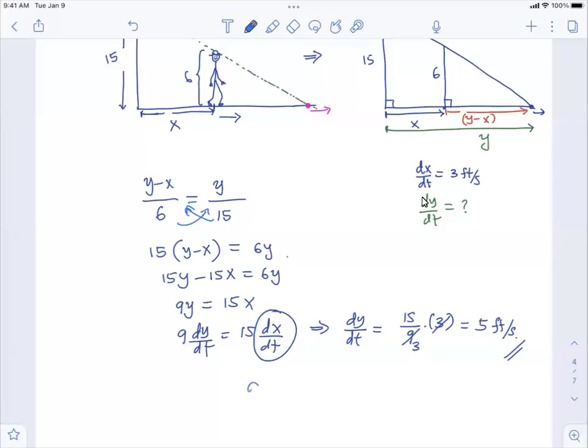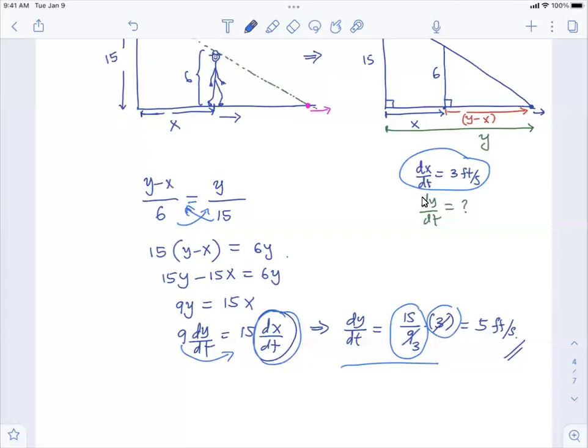So dy/dt is supposed to be just divide by this, and then writing it separately, why don't we just follow exactly what we have here? It's 15 divided by 9. And then don't forget, when you plug in the corresponding value for dx/dt, you end up getting just 3 right here, and then there will be a cancellation. So that would be 5 feet per second.